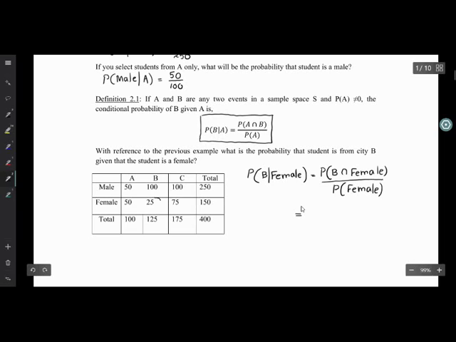There are 25 who are females and also from city B. So in the numerator we have 25 divided by 400. At the denominator we have the probability of female. There are 150 females out of 400. Since the denominator values cancel out, we end up with only 25 over 150.